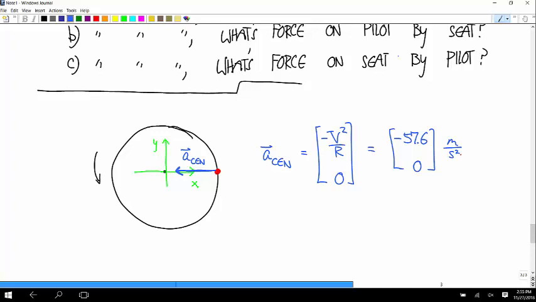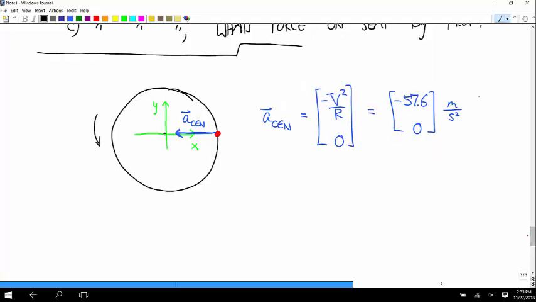In this problem, is the speed changing? No, it says it's constant speed. So is it uniform or non-uniform circular motion? Uniform. Okay, so the total acceleration is equal to the tangential plus the centripetal.